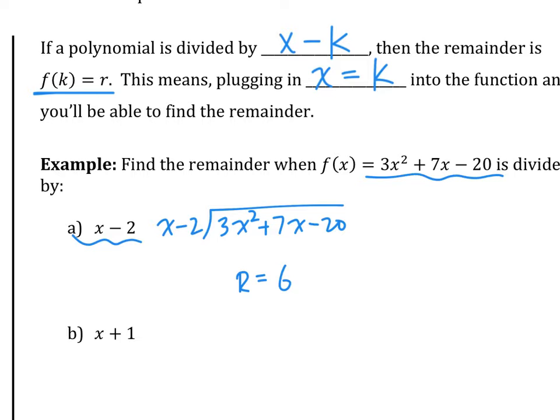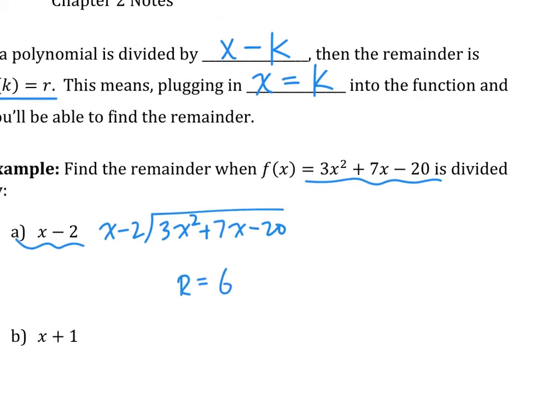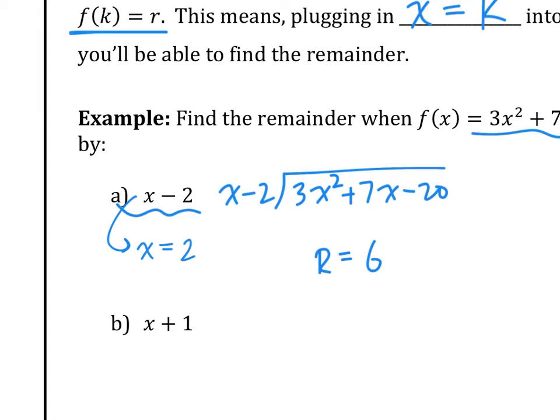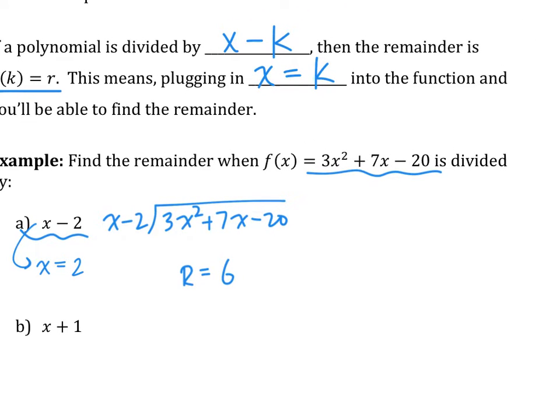Now I'm going to show you that you can get the same remainder without actually doing that long division. Because according to the remainder theorem, all you had to do was put in that x value. So if x minus 2 is the factor, then x is equal to what number? 2? I always hear people whispering. Just have more confidence. It is 2. Okay, so the remainder theorem says if you put 2 into the function, you should get 6.